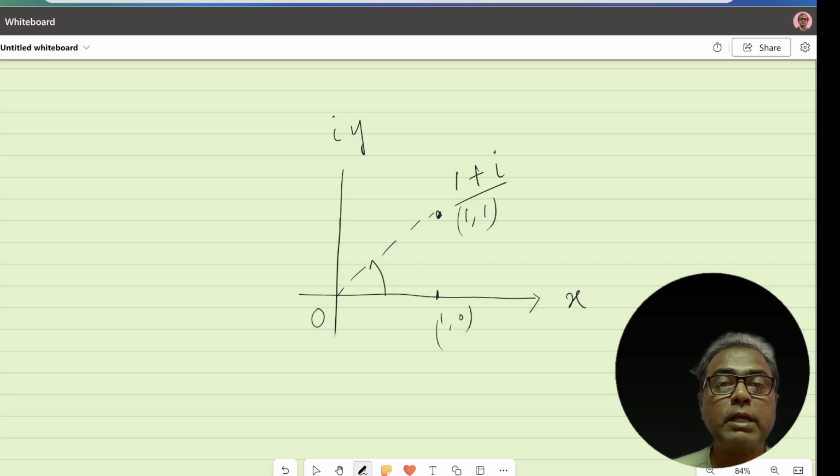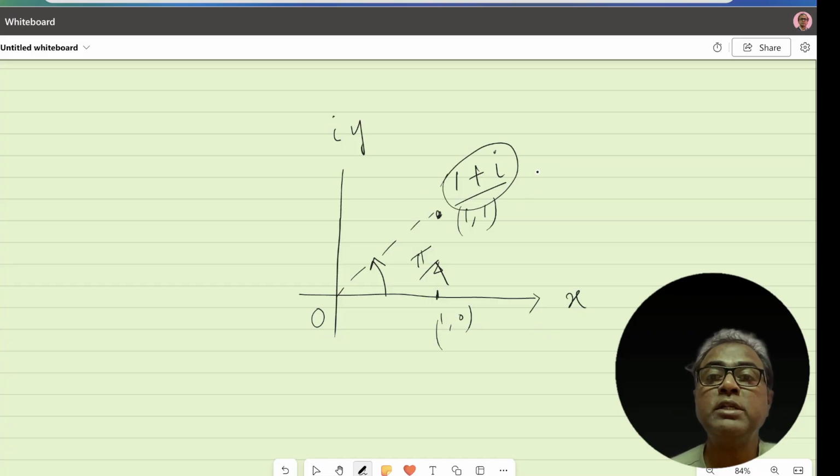From the positive x-axis in the anticlockwise direction, the angle is pi by 4. So for 1 + i, the principal argument equals pi by 4.